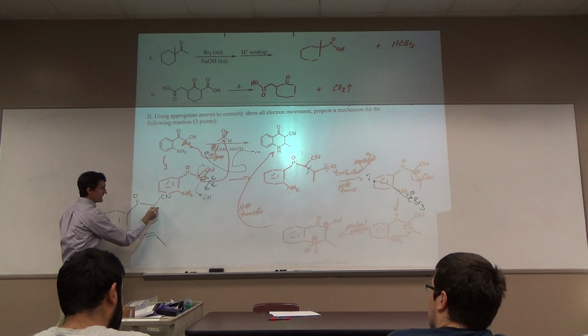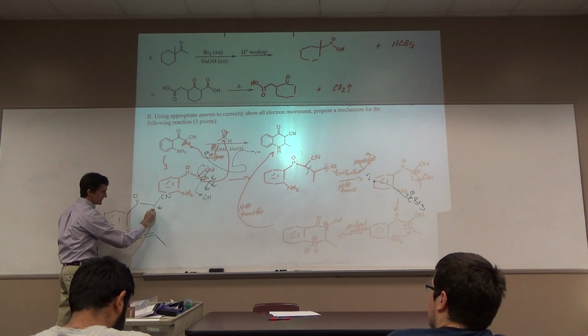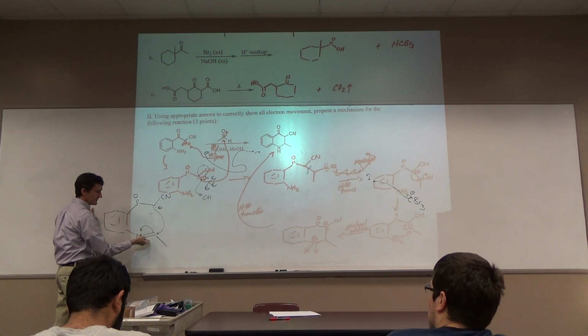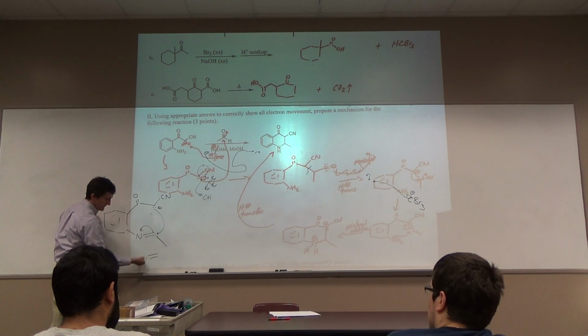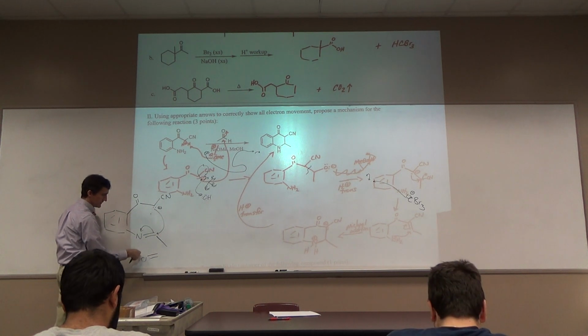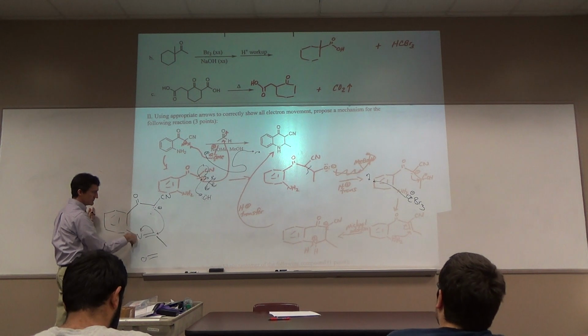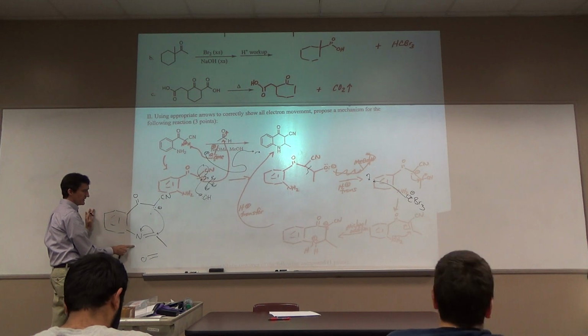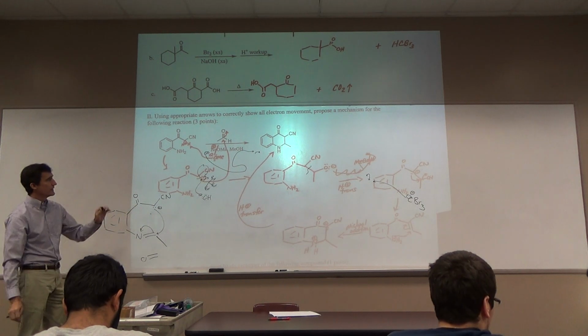You could have then made an anion here, and then this could have come in here and done this. Because this is like a carbonyl, it's a polarized double bond. It's an imine. We can attack carbon, electrons onto N. That would give a nitrogen anion. It would then need to pick up a proton from something like methanol.